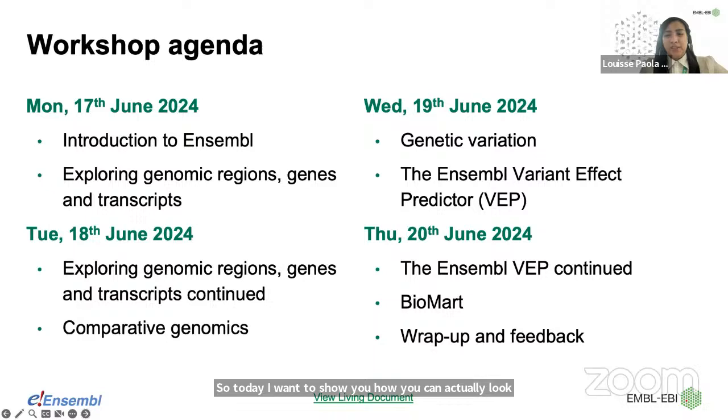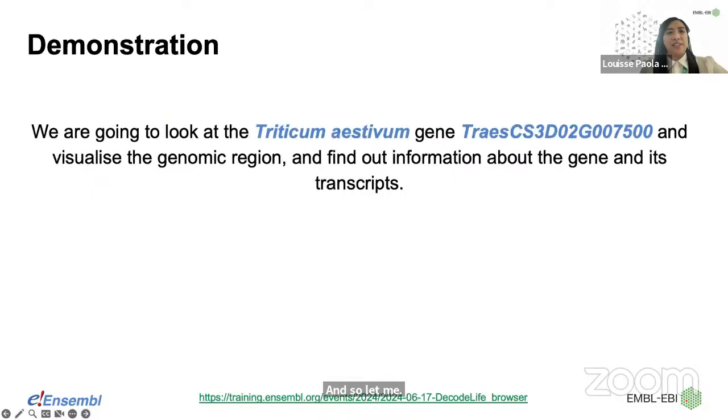So let me switch to the demonstration slide just as a reminder. We looked at this gene in Triticum aestivum, which is wheat, and we visualized the region. So next, we want to find information about the gene and its transcript.